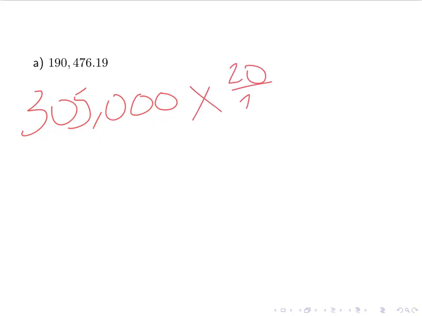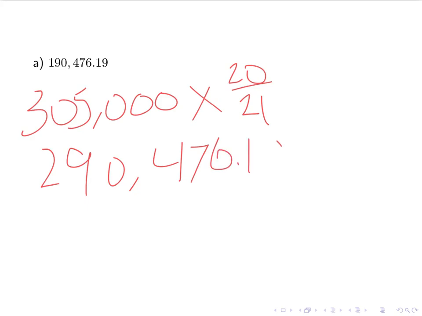For B, it was $305,000. I multiply that by 20 out of 21, and I should get $290,476.19. Then again, I ask myself, is that number bigger or smaller than the face value?